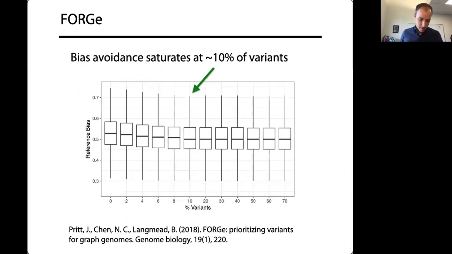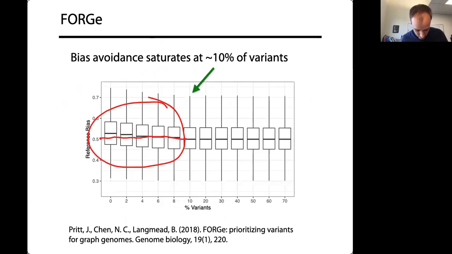Something similar happens if you look specifically at reference bias. So if you take all the sites that are heterozygous in the simulated individual and ask what fraction of the reads that align to that site have the ref versus the alt allele. If there is reference bias, you'll see a tendency toward the ref allele, which is what you do see for the first several box plots here, right? They're off.